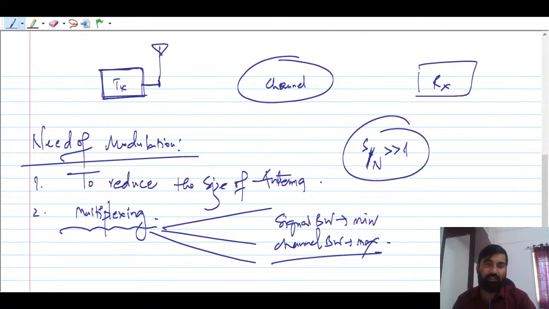You will see what this noise is. Noise is one of the common devils that you have to understand. The need of modulation is not at all required for the GATE examination, because in GATE they will not ask the need of modulation.